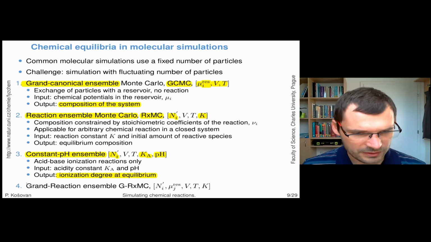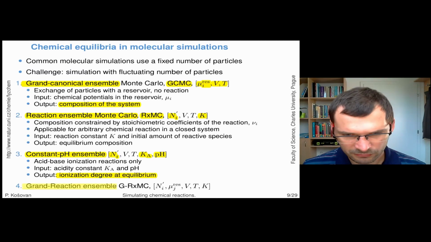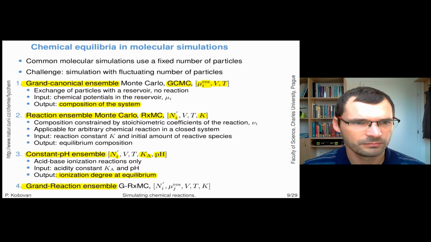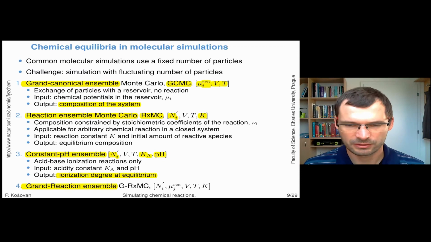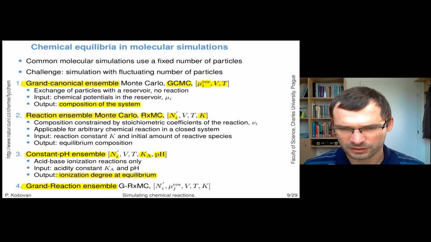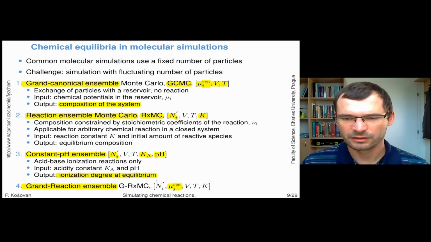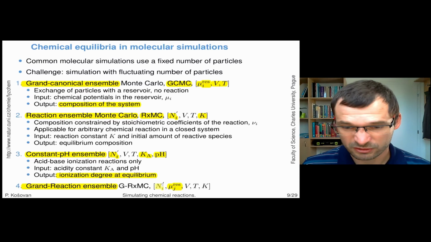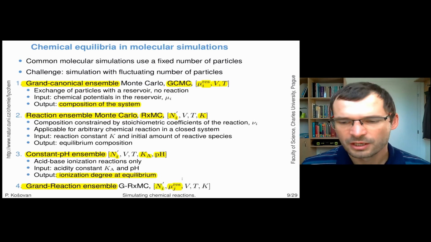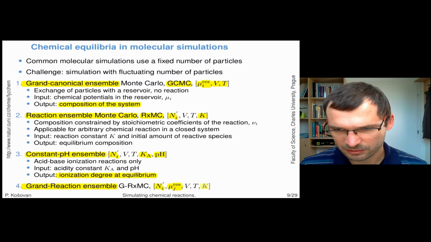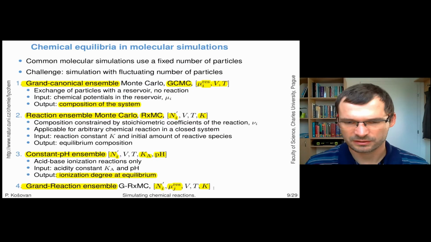Last in my list is the grand reaction ensemble, which, as you can guess from the name, combines the features of 1 and 2 to simulate a system which is exchanging particles with a reservoir. So we specify the chemical potentials in the reservoir, but there are some other particles which cannot be exchanged, and at the same time there is a chemical reaction taking place inside the system.